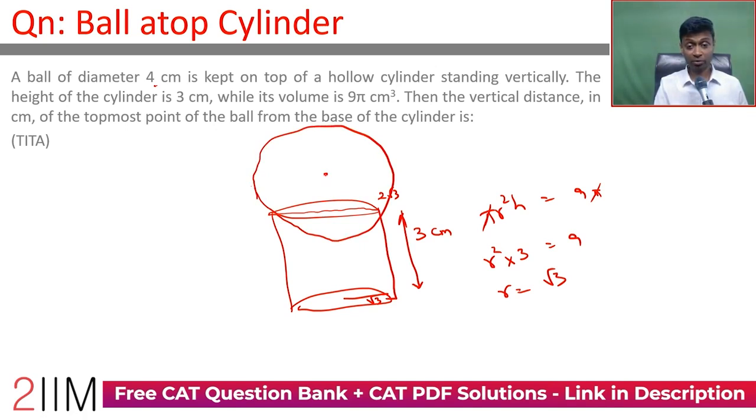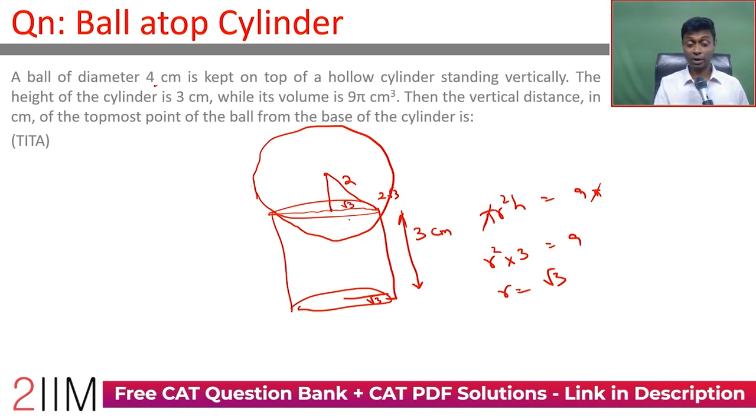Now think about this. From the center of the ball, if you draw a line to this point, the midpoint, then diameter is 4, or this is 2. This is root 3.